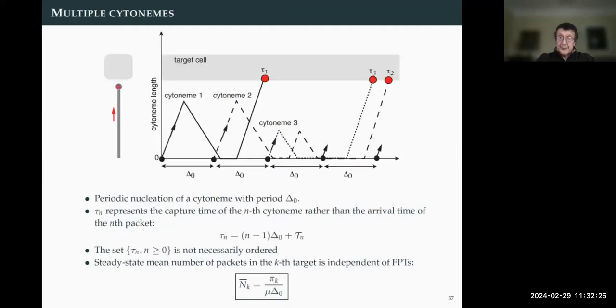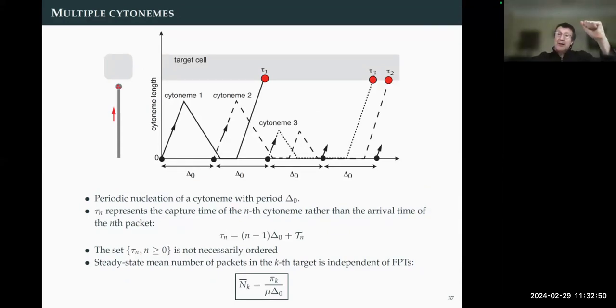Okay. One final thing. It's really cool. It turns out a more realistic thing would be to not say, okay, I'm going to just have a single cytoneme growing and shrinking, and I can't do another search until my cytoneme shrank and started growing again. A much more realistic model is to say that I periodically grow out cytonemes.